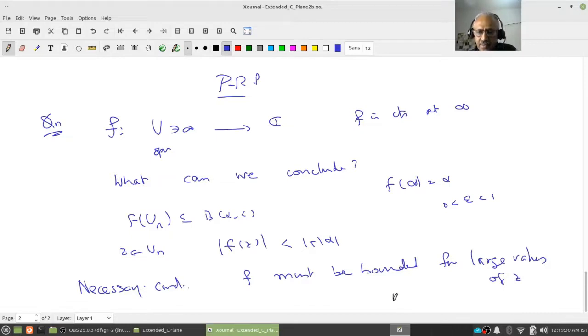Whenever mod z is greater than or equal to r, then mod f z is less than or equal to something. Please try to understand this. So this is a necessary condition.